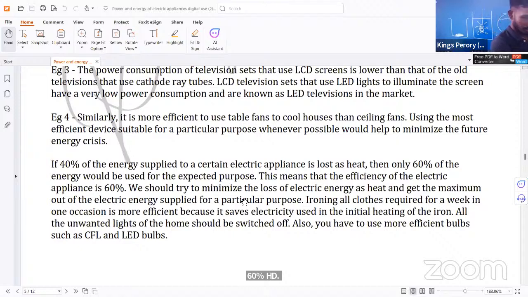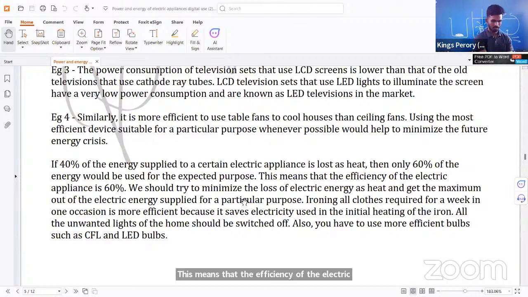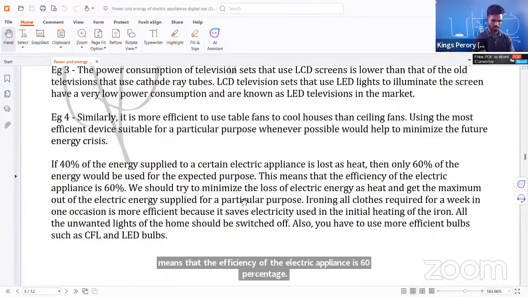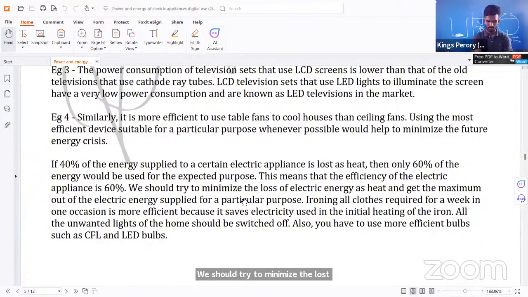Continue reading. Then only 60% of the energy would be used for the expected purpose. This means that the efficiency of the electric appliance is 60%. We should try to minimize the loss of electric energy as heat and get the maximum out of the electric energy supplied for a particular purpose.